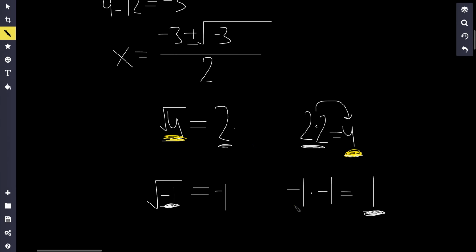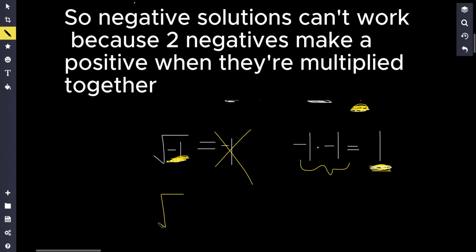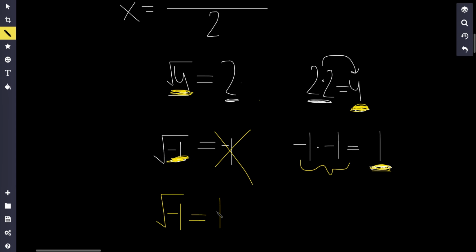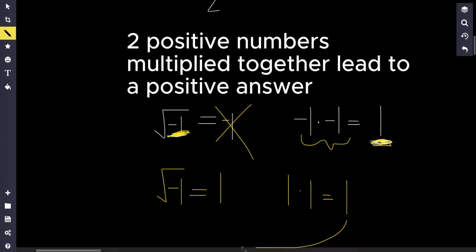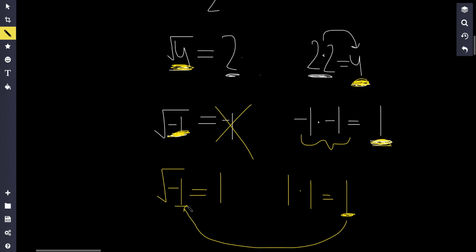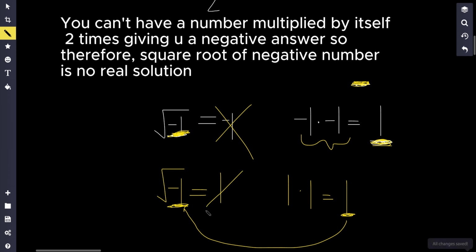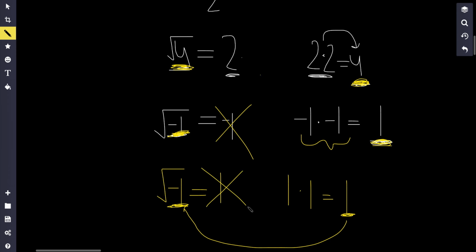But if the two numbers multiplied together lead you to a different answer than the thing that's inside the square root, then obviously this isn't the correct answer, right? And the square root of negative 1 also can't be equal to 1 because 1 times 1 gives you 1. And once again, our number is not equal to the number inside the square root. And it turns out that there's no real solution for this quadratic equation, okay?